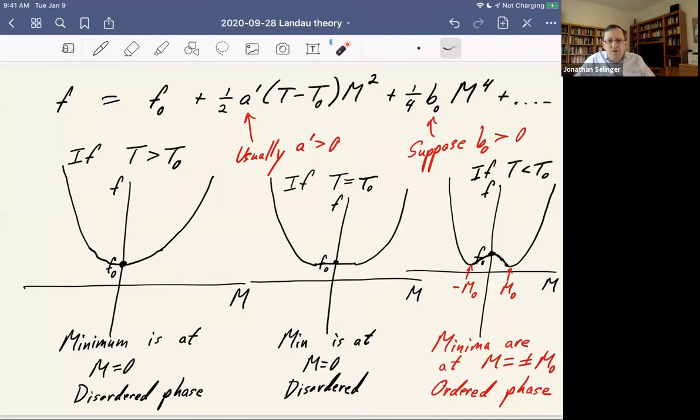So whatever is the highest power of m, that better have a positive coefficient. Otherwise, we would have a system that is not stable, that does not have any finite minimum, but the order is just driven to be positive or negative infinity.